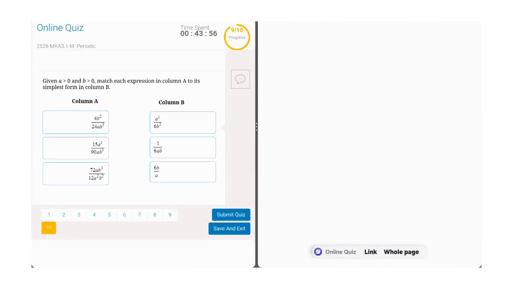Here we have to take the expressions in column A, simplify them into simplest form, and then match it with its simplest form in column B. First expression is 4b squared over 24ab cubed. So here you can simplify 4 and 24, 1 over 6.